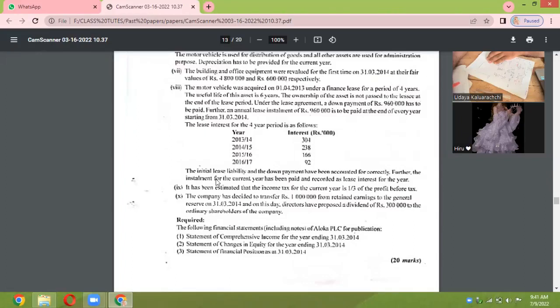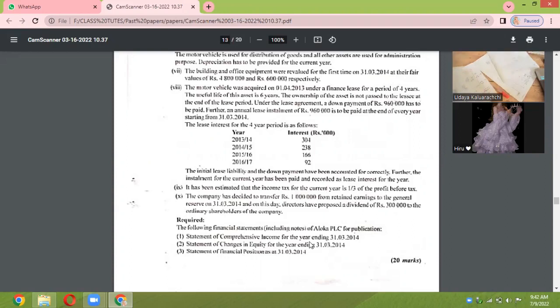So the last two adjustments we have to complete. Last adjustment was lease adjustment, right? Then adjustment number 9, it has been estimated that the income tax for the current year is 1/3 of the profit before tax.